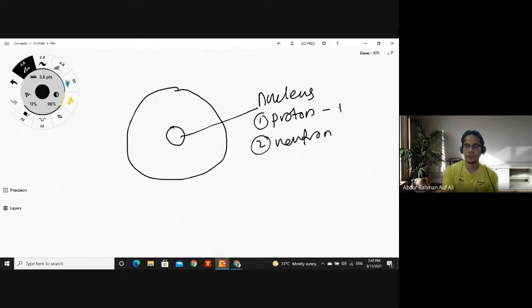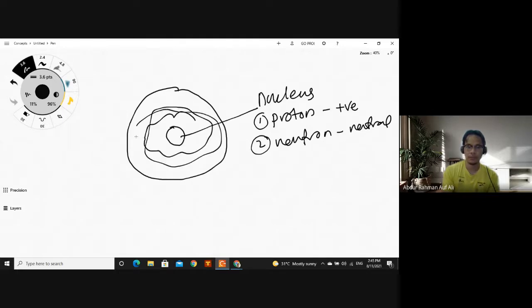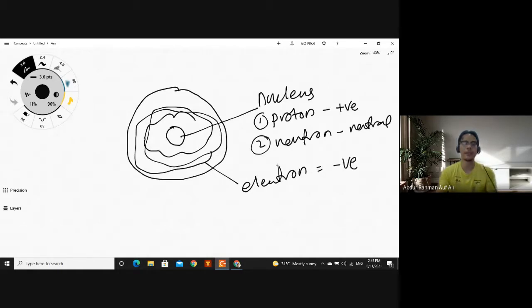Proton dia bercharge positif, neutron bercharge neutral. And then moving around the nucleus adalah elektron. And elektron ini bercharge negatif. This is the takeaway yang saya nak kamu ambil from that story just now.